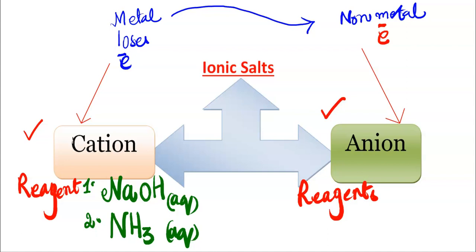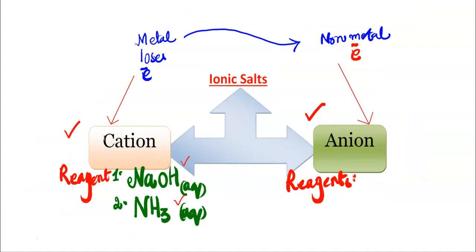I hope you understand how ionic salts are formed and what we are going to do to identify an ionic salt. We use reagents: sodium hydroxide, ammonia, and for anions we have different reagents. Every anion has a different reagent.